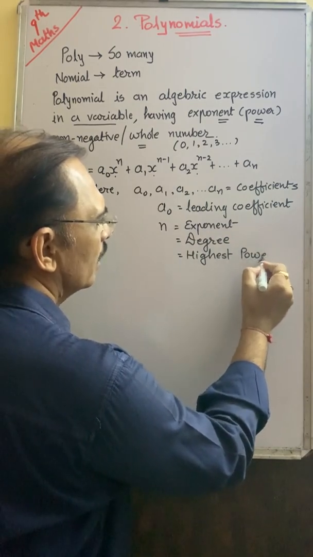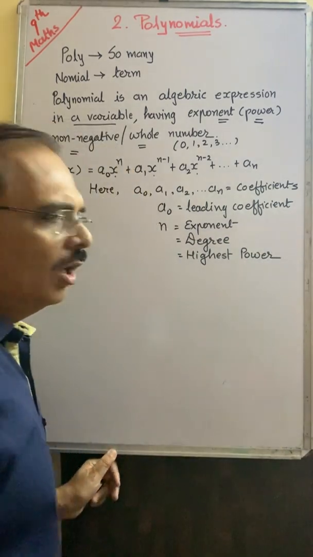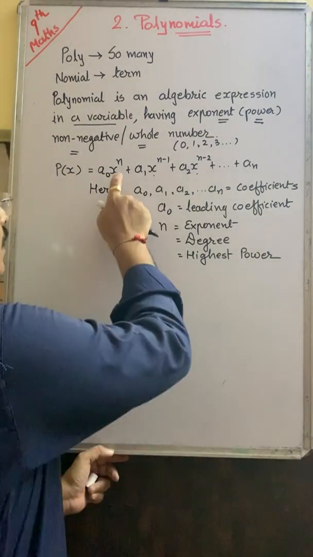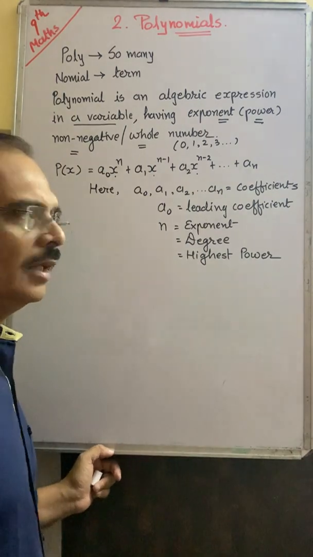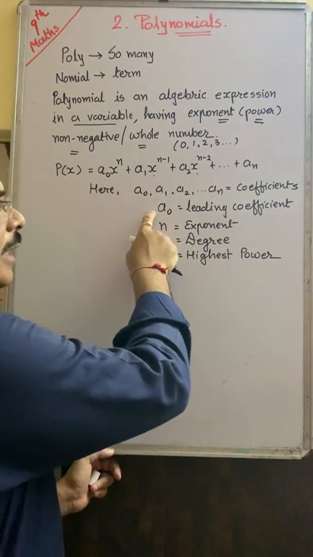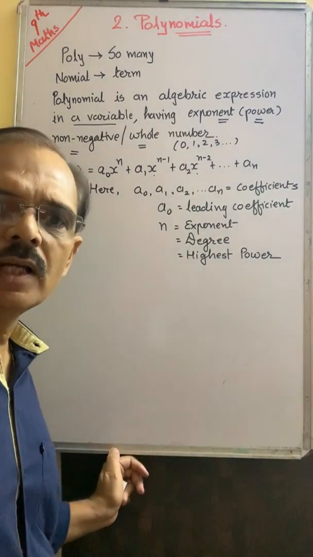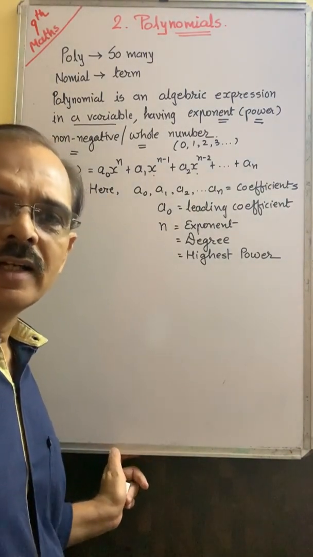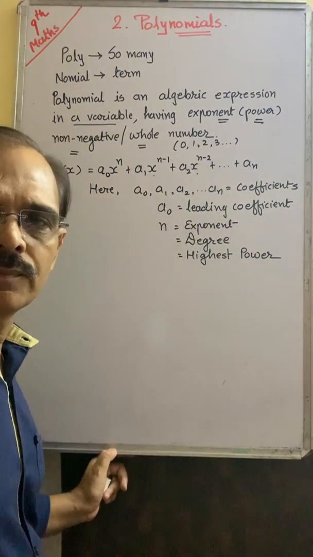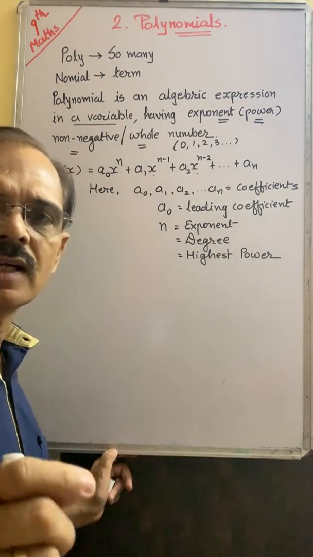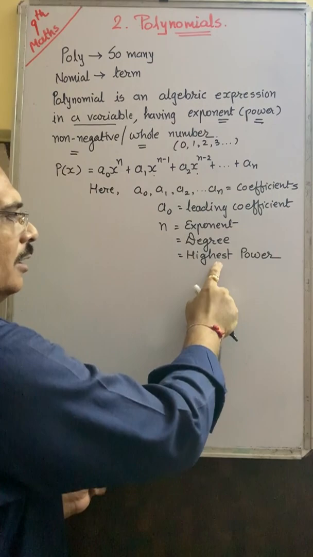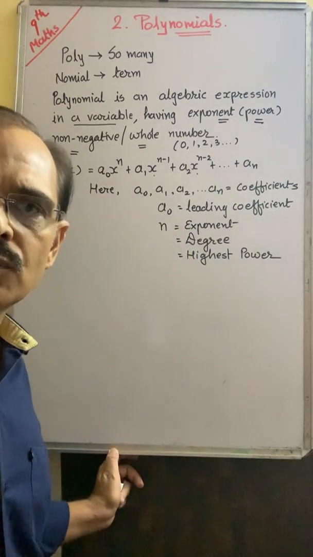I told you that in your textbook all polynomials are given in descending order of power. So we write first the highest power, and the coefficient of the highest power a0 is called leading coefficient. What do you mean by leading coefficient? Leading coefficient means coefficient of the variable having highest power. Here n is the highest power, known as the degree of the polynomial.